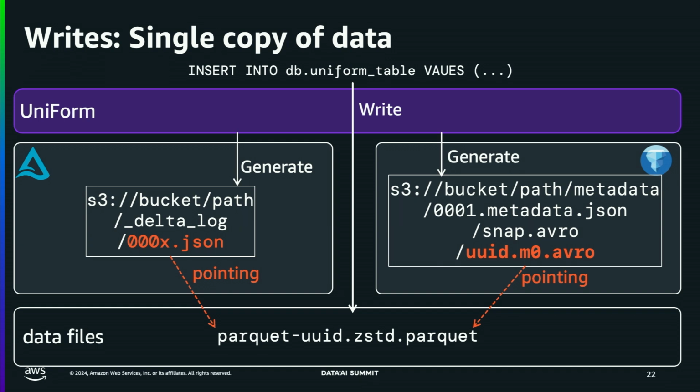So Delta Lake with UniForm doesn't duplicate data files. Instead, it creates multiple metadata for open table formats. When you read from the table, the Delta Lake or Iceberg client initially checks the relevant metadata, then reads the data. So this is how Delta Lake UniForm allows different clients to read Delta Lake table data.